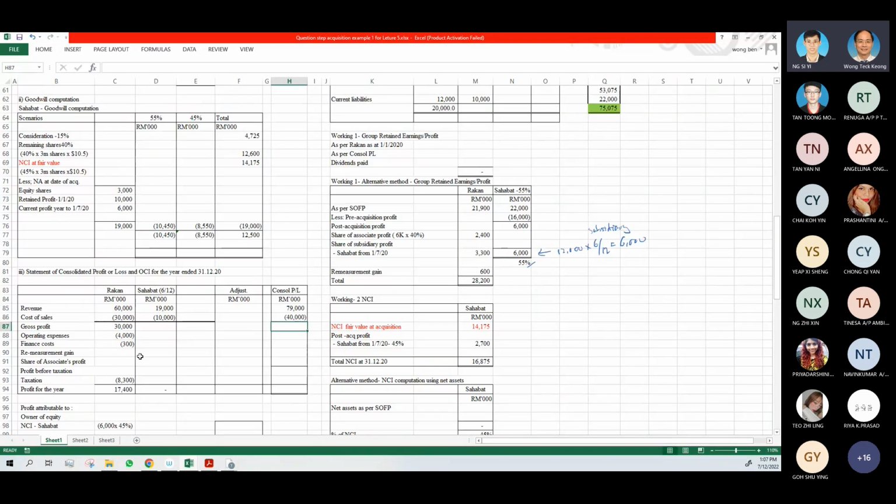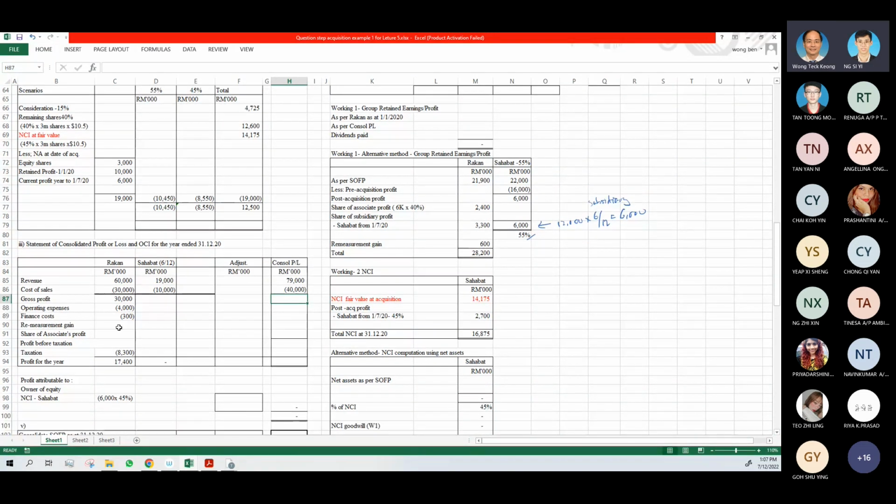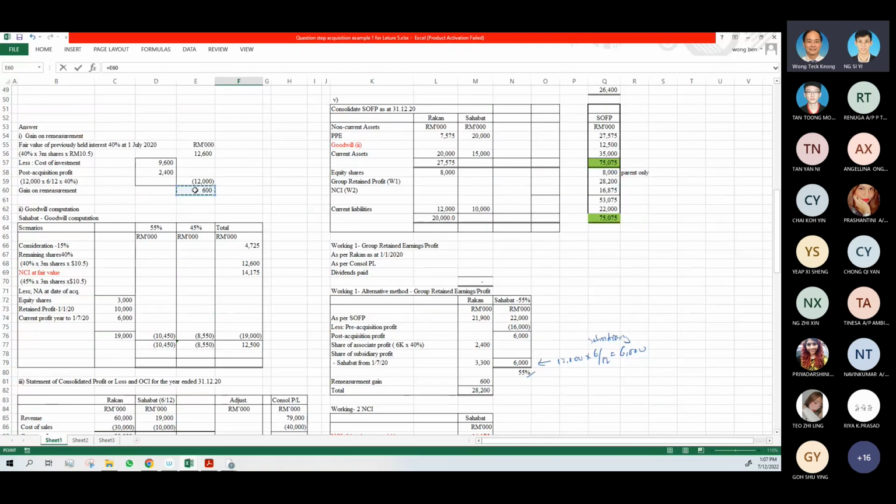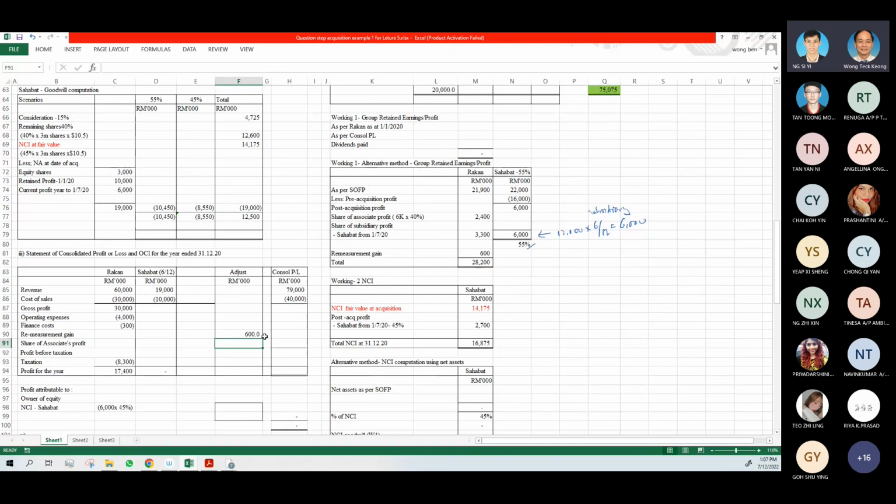So you can do the rest. But put in the new thing here, remeasurement gain on the 600,000 here. Share of associate profit. So your 12,000 times 6/12, you share how many percent? 40% associate profit.